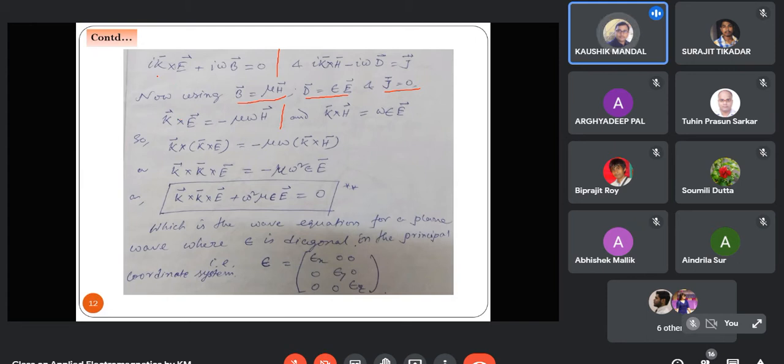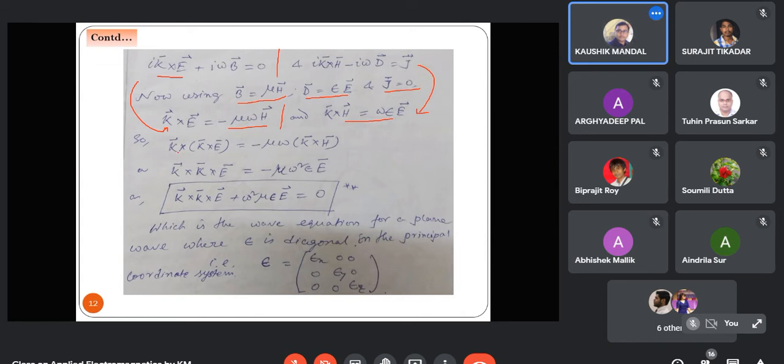So k cross E equals minus mu omega H, because B equal to mu H. And from this equation, k cross H equal to omega epsilon E, because D equal to epsilon E and J equal to 0.